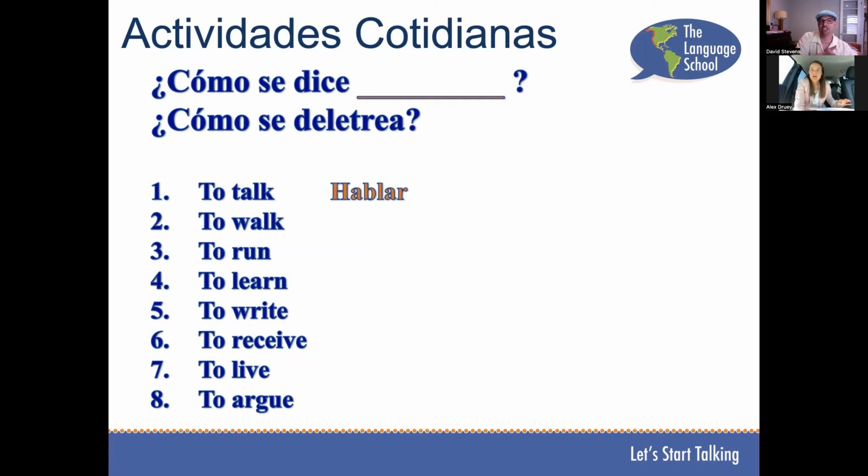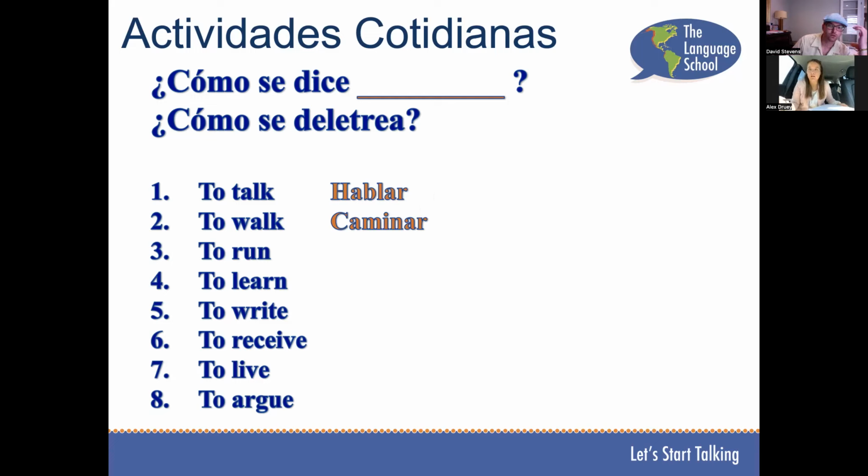So we start with H. A. B. L. A. R. You've got it stuck in your head. It's are. It's R. Okay. ¿Cómo se dice to walk? Caminar. ¿Cómo se deletrea? C. A. M. I. N. A. R.